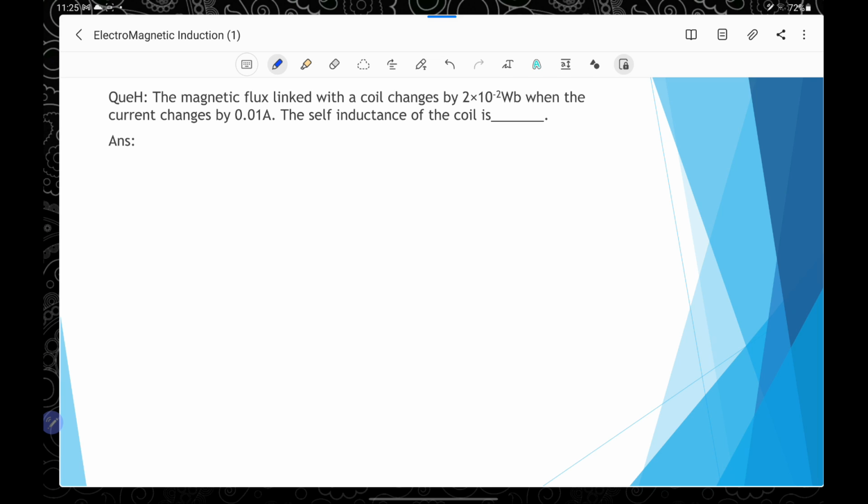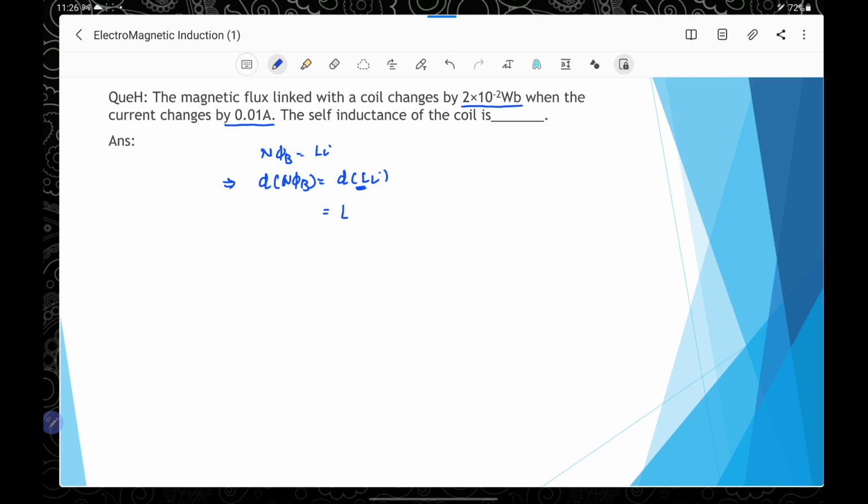Next question: the magnetic flux linked with the coil changes by 2 into 10 to the power minus 2 Weber when current changes by 0.01 ampere. The self-inductance of the coil is? We know that flux linkage N phi B is equal to L I. So if we take the change in the flux, N phi B, this will be equal to the change in L I, because L is a coefficient of self-induction and depends on the geometry of the coil.